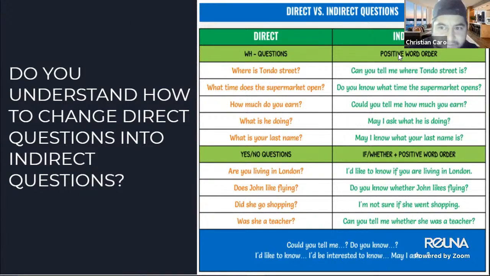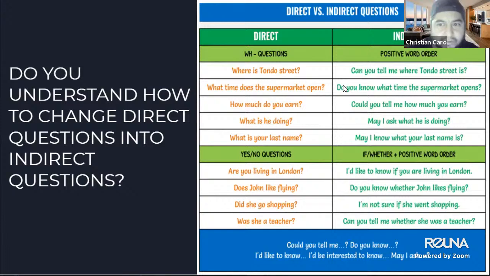That's why it says positive word order, because this part of the indirect question is, in this case, expressed with the positive word order. So Tondo Street is, not where is Tondo Street. Why? Because this order, in this case, this structure changes in the indirect question.